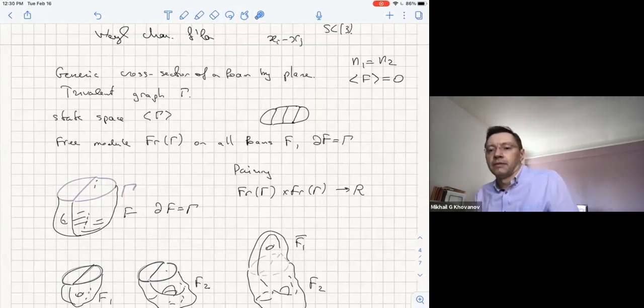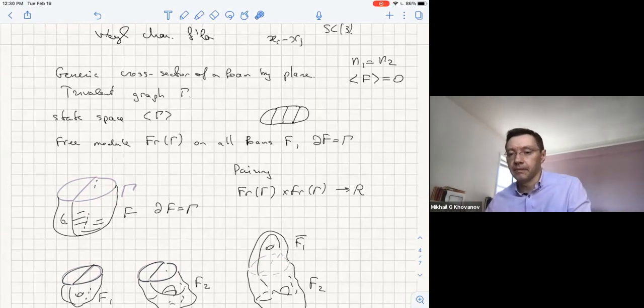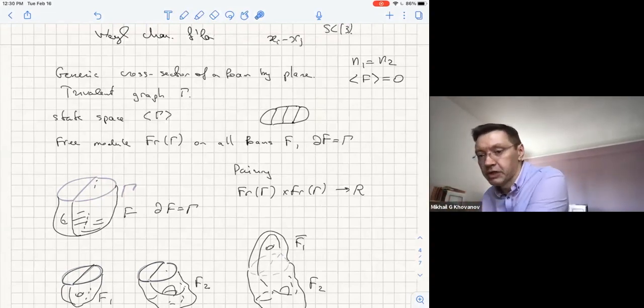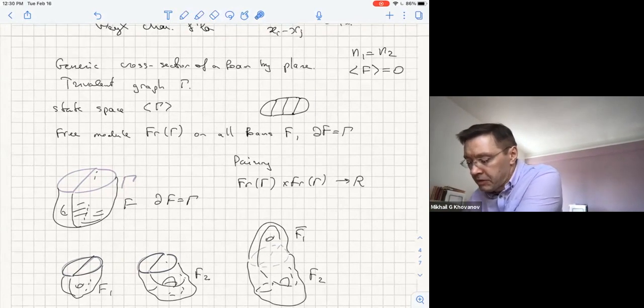Okay, so let us move on to building state spaces from this evaluation, because for now we have numbers or polynomials for closed foams. We can assign a symmetric function. Now here, what we can do is an example of the so-called universal construction.